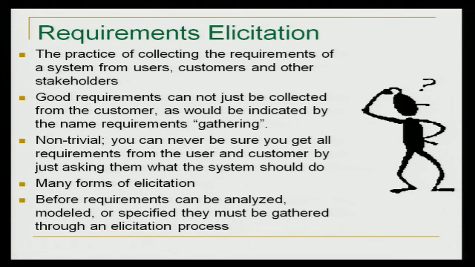But before you can really analyze them, before you can model what you're trying to do, or get clarity on specification or ambiguity, you have to go through a process of eliciting them, gathering them from the many different areas. Some of them, you'll hear me use the term, are hidden. Hidden requirements.